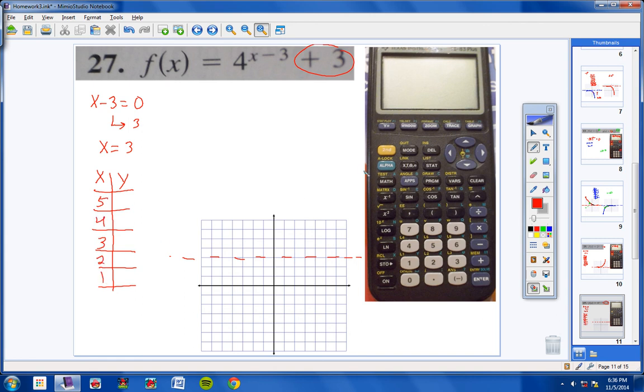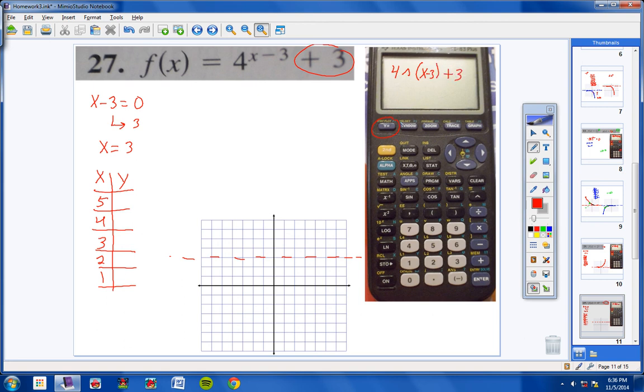Now, over here in your calculator, you want to go ahead and hit y equals, and then type in 4 for this 4 here, then arrow, then parentheses, and then your exponent, x minus 3. Then close your parentheses, and then plus 3.